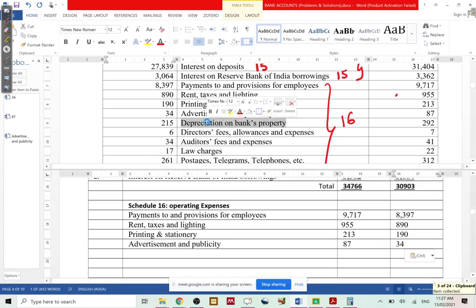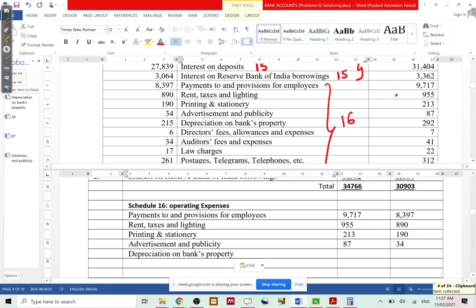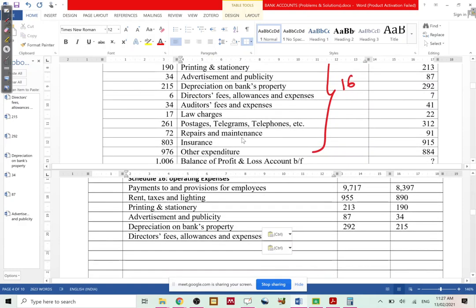Then depreciation is also an operating expense. Okay, previous year, and this is previous year. The previous one was current year. Also, all these others, it's just a matter of copying them in the appropriate places.